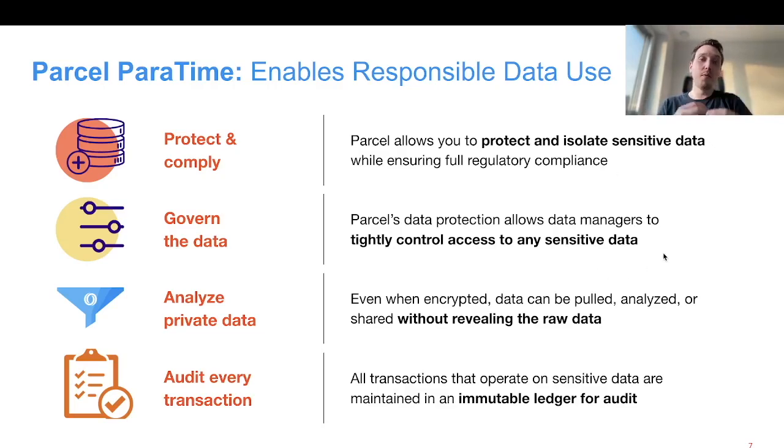Now, if we want to analyze this private data, keep in mind that even if you have encrypted data, let's say a smart contract can just send this to our Parcel ParaTime. So basically, to a black box, and then inside this black box, the data will be analyzed, processed, and so on, right?